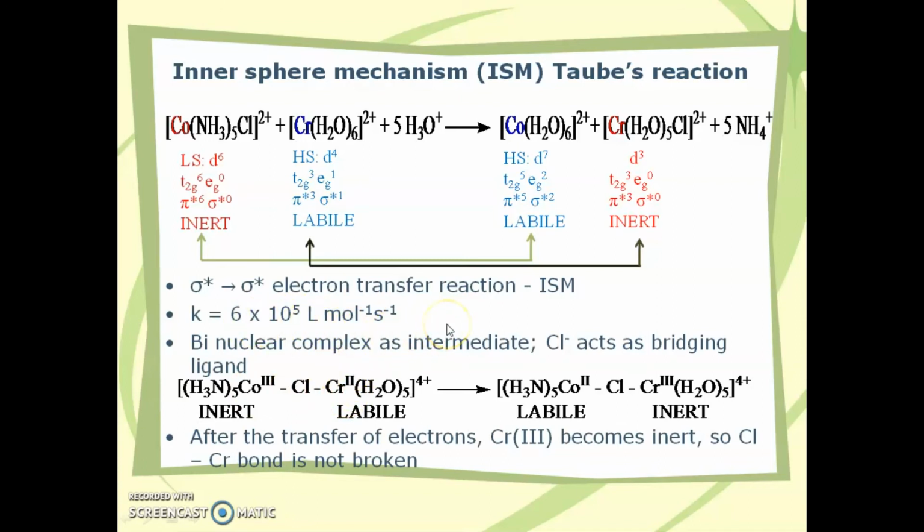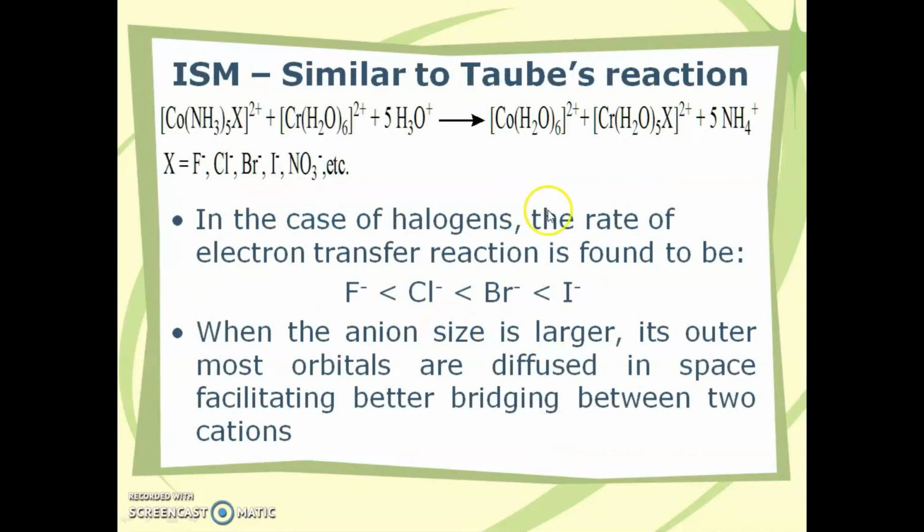A similar kind of reaction was also performed with different ligands as the bridging ligands. In the case of halogens, when fluoride is acting as the bridging ligand, the rate of reaction is very, very slow. Whereas when the iodide is acting as the bridging ligand, the rate of the reaction is found to be very fast.